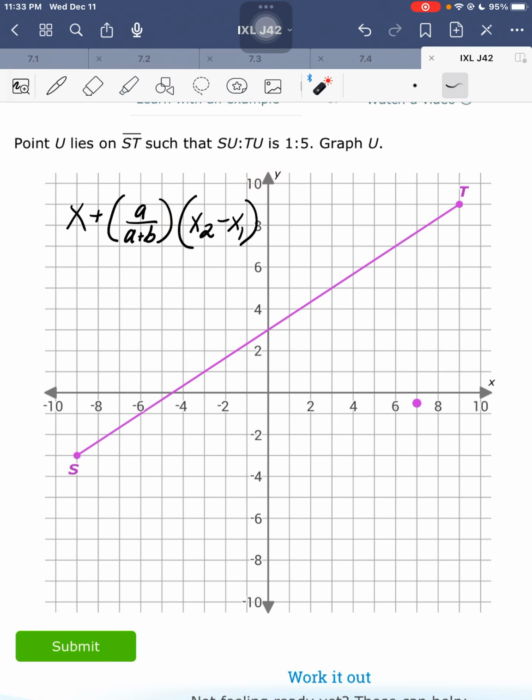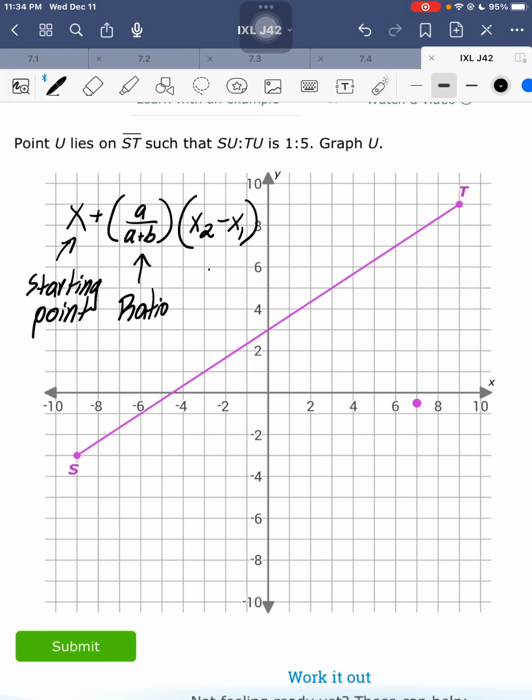So this problem, this is your formula you're gonna use: x plus a over a plus b times x2 minus x1. This is your coordinate, this is your starting point.